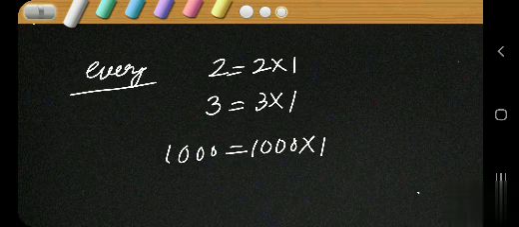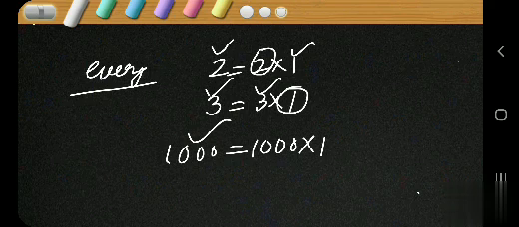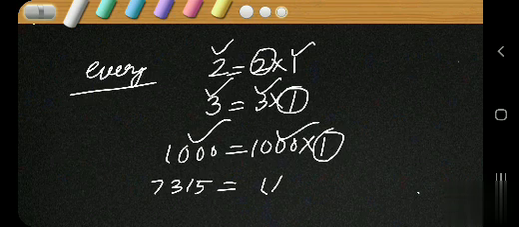That means these numbers can be written as the product of 1 and some other number. 2 can be written as the product of 1 and 2, 3 as the product of 1 and 3, 1000 as the product of 1 and 1000. Similarly, 7315 can be written as the product of 1 and 7315, isn't it?